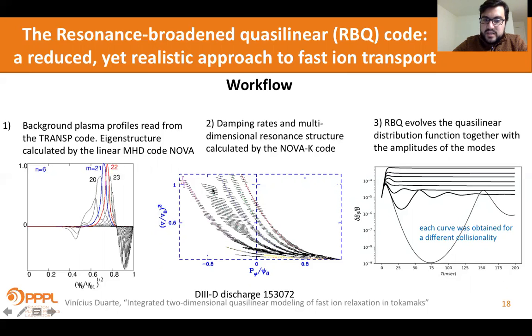Around each resonance, you see a lot of nearly perpendicular cuts. Those are the broadening around each resonance. At each point of the resonance, you have a different broadening because you have different collisions there and a different mode structure as well. And that is used by post-processing the NOVA code.